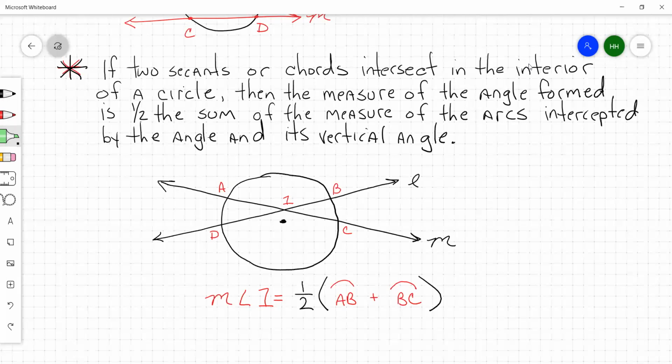So the measure of angle 1 is equal to 1/2 times the sum of, do you see this arc that was formed by the two secants? And this arc is formed by the two secants. Everybody see that? Angle 1 is equal to 1/2 arc AB plus arc, no, that's wrong. That's not BC right there. Erase that, please. Sorry about that. That's arc DC.